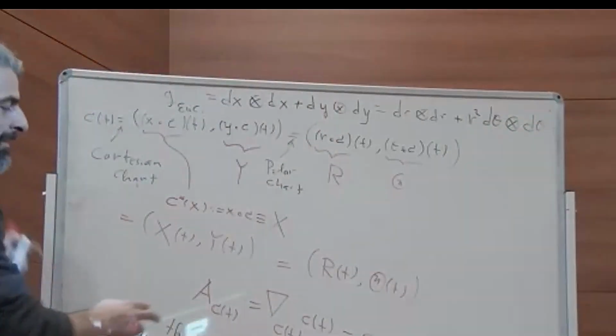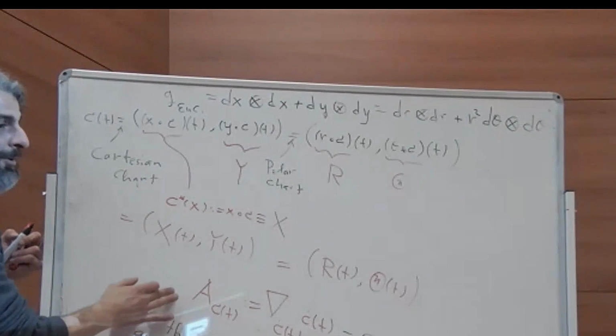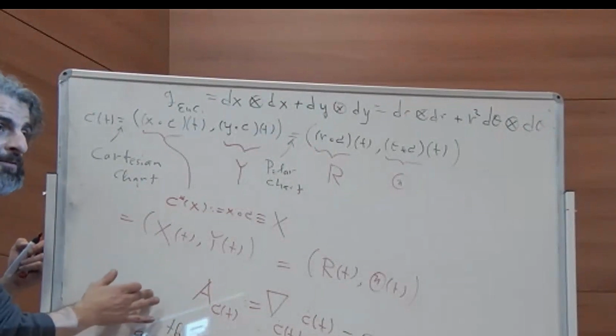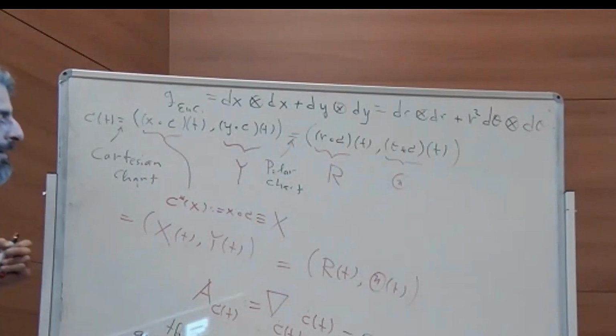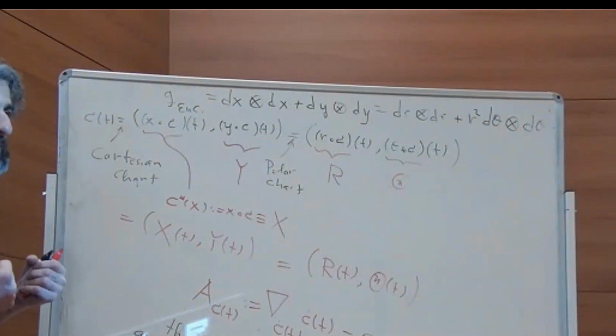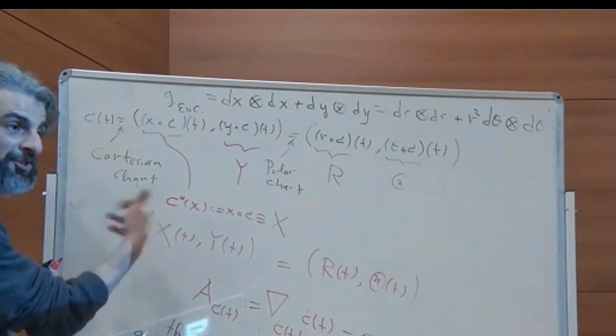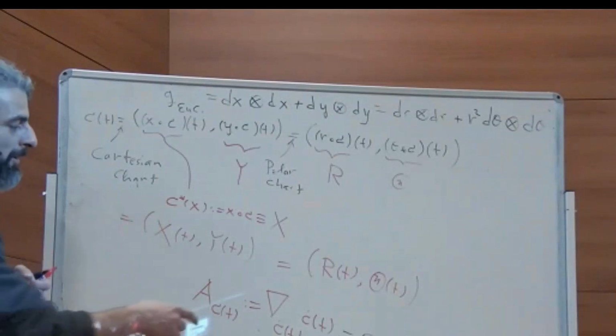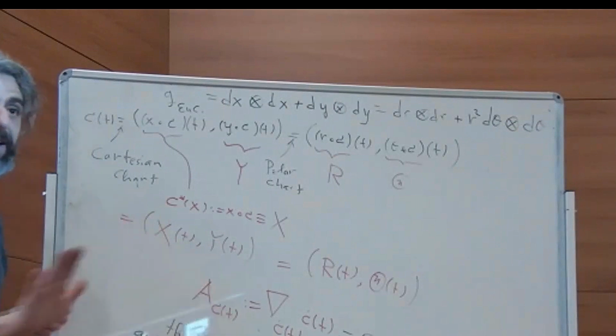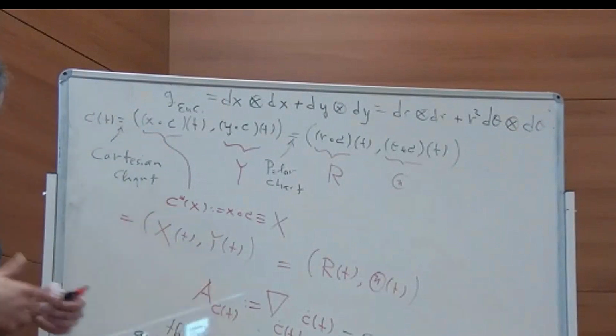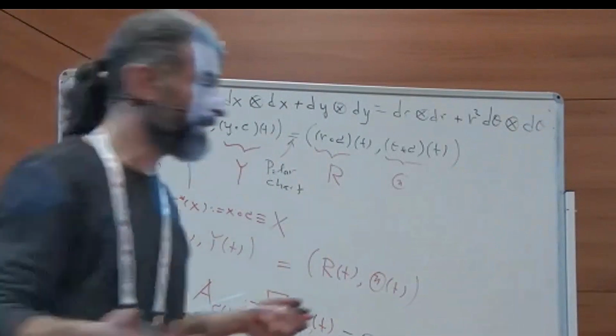This is called the autoparallelity condition, which means that if you are representing your classical point particle by a geometrical point in its geometry, then it's moving freely or flowing freely.